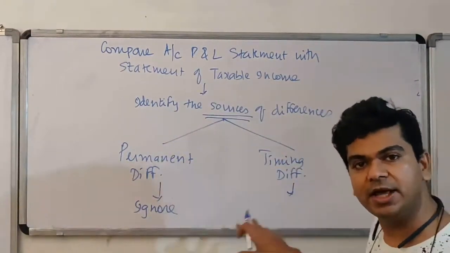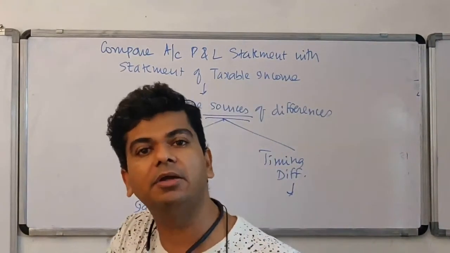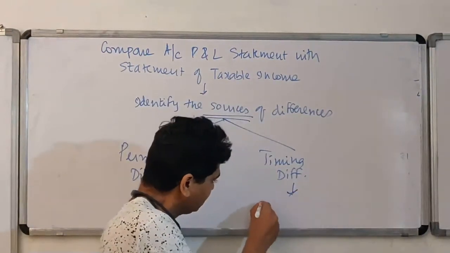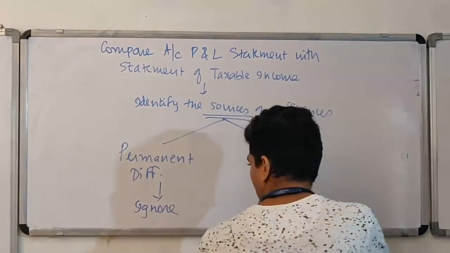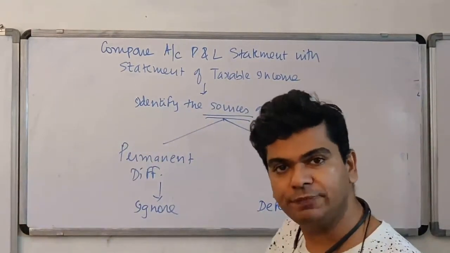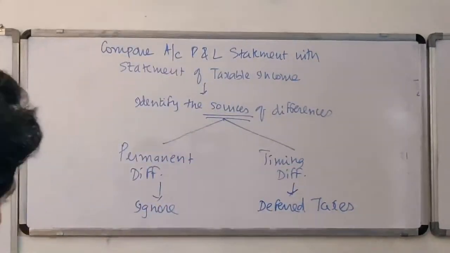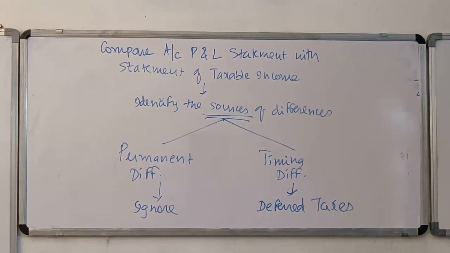As we proceed ahead in this accounting standard, you will realize that timing differences result in deferred taxes. That's the subsequent discussion that we have to do of this accounting standard. Just ignore permanent differences. Timing differences will give rise to deferred taxes. Either it will give rise to a deferred tax liability or it will give rise to a deferred tax asset.